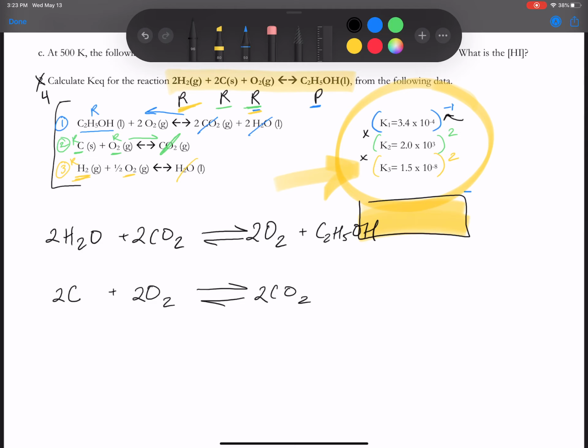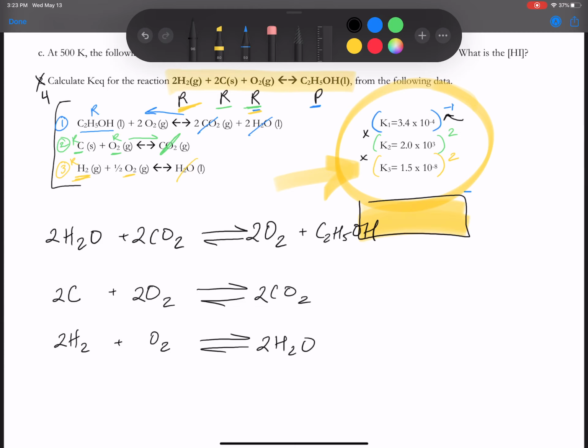Now you just have your third reaction. Again, you stuck with the forward reaction, but you just took it to the second power. So I'm going to rewrite it out as H2 and then O2. And remember, you just have H2O. So 1 to the second power, you're just going to have a 2. Half to the second power, you're just going to have a 1. 1 to the second power, you're going to have a 2.